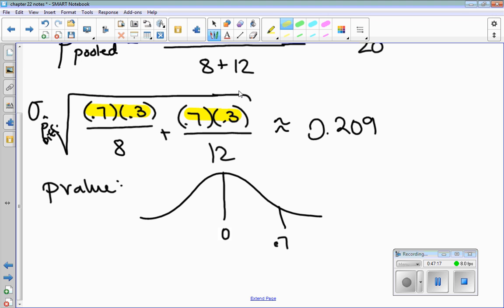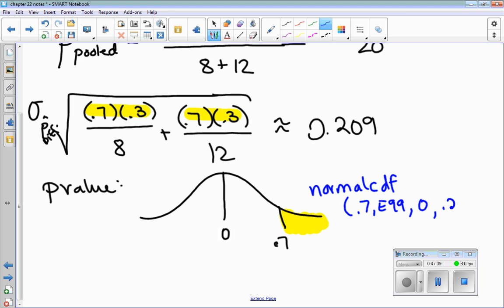I think that was our null hypothesis, wasn't it? So we're looking for that. You okay so far? Okay. So we're going to say normal CDF, 0.7, E99, mean, standard deviation.